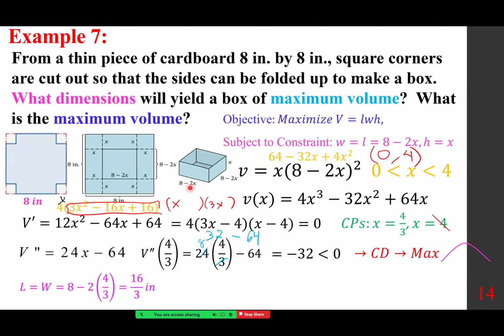And of course, class, 8 is 24/3. And 2 times 4/3, 8/3. We get 16/3. So the dimensions being 4/3 by 16/3 by 16/3.